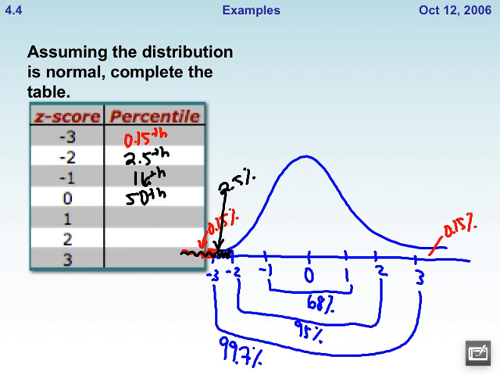The next one would be 34 plus 50, which is 84. For 2, 95% happens between negative 2 and 2. Subtract 2.5.